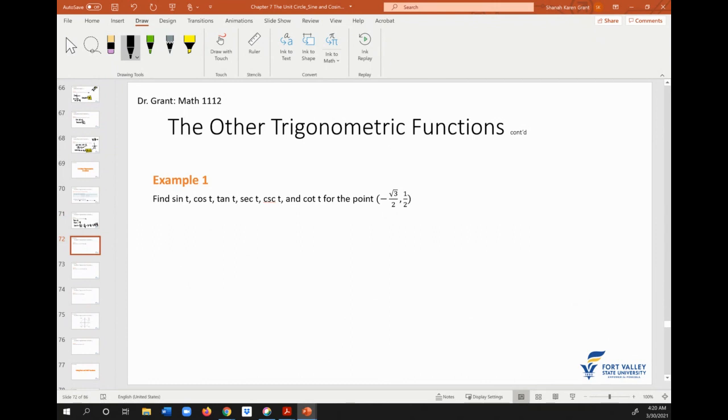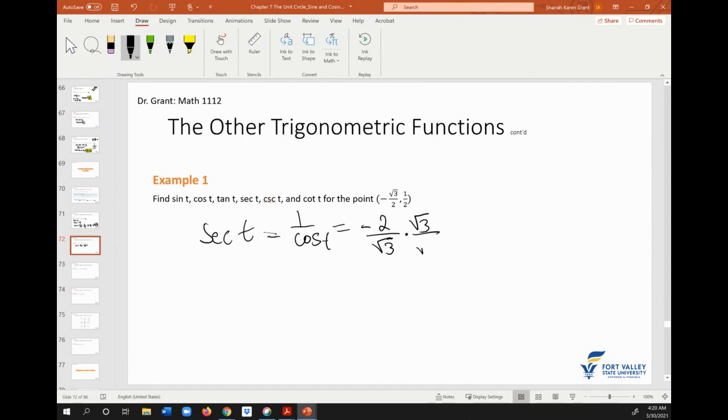And so we only did the first 3. We want to do SEC of t. Well, recall that SEC is 1 over cosine of t. Again, cosine is going to be my x, so that's going to be 1 over negative. Really, all you're doing is reciprocating. So this is going to be -2 over √3 because, as we said, it's the reciprocal function.